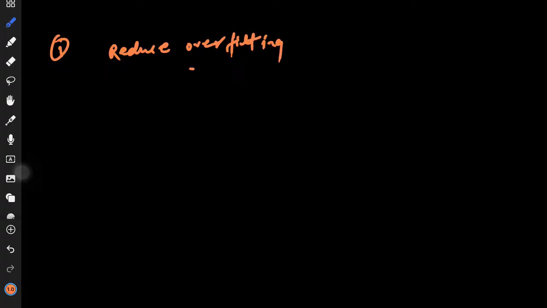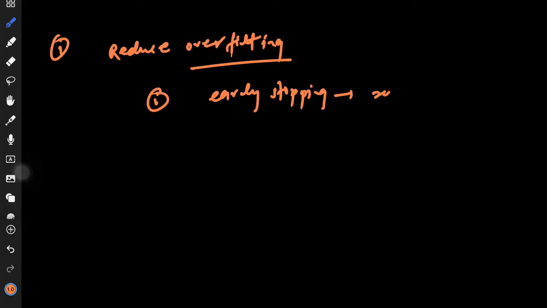There are various methods. The first method we can use is early stopping. It is a method where we stop our model early. Let's say we used 200 epochs and got an accuracy of 91%, but after that, using 1000 epochs, the accuracy becomes 93%.